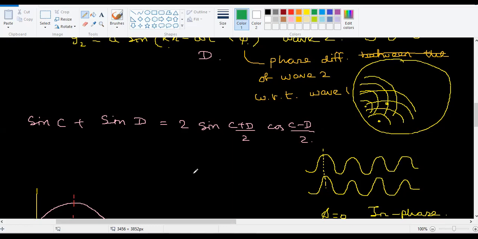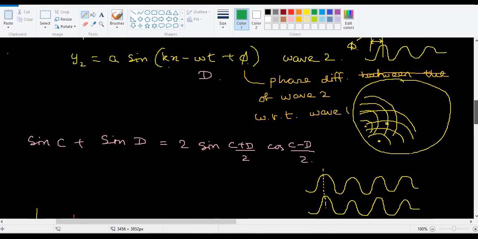Anybody else? Ashwant, have you studied this trigonometry formula? No, sir. Okay, I'm sure it's there in your textbook. Go back and study.